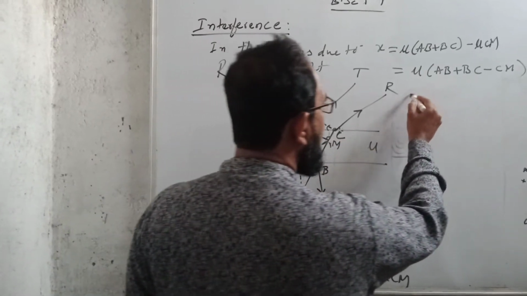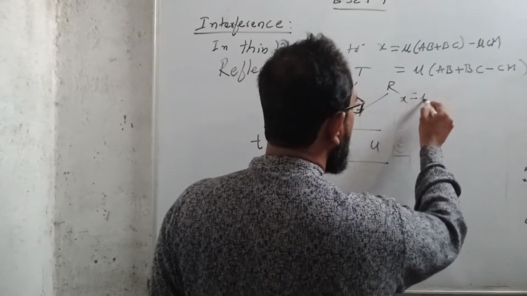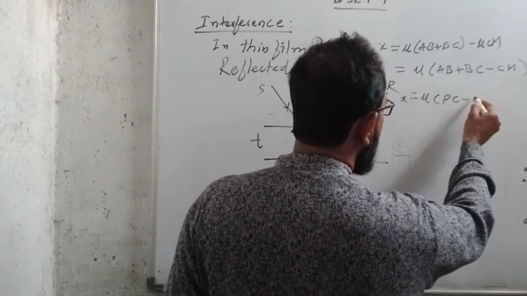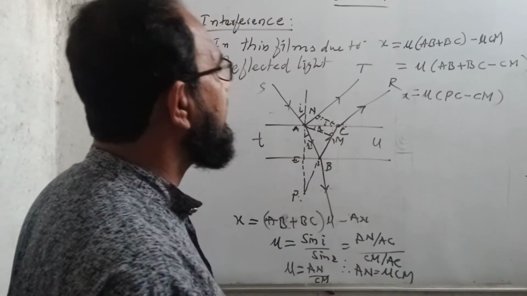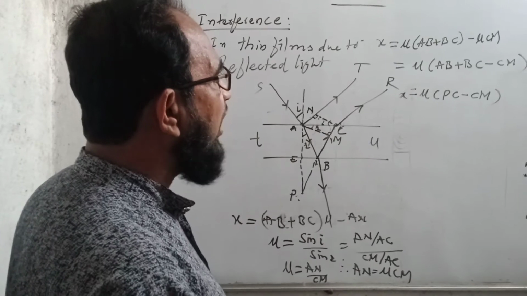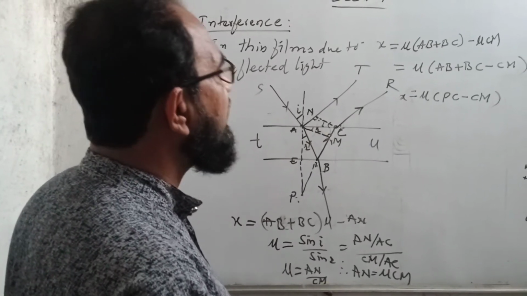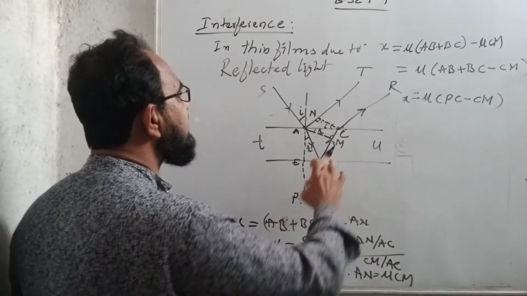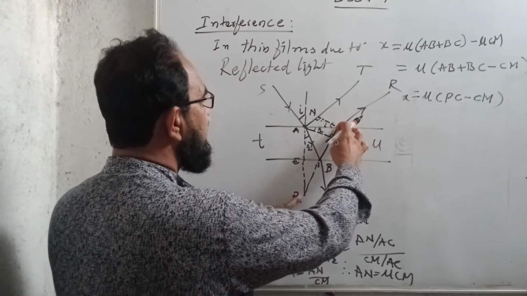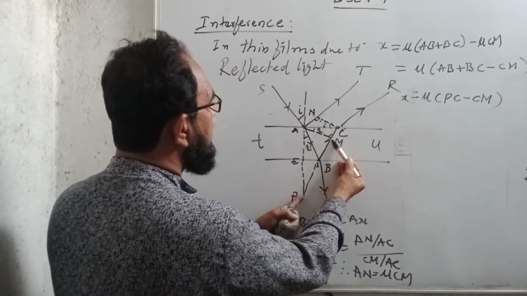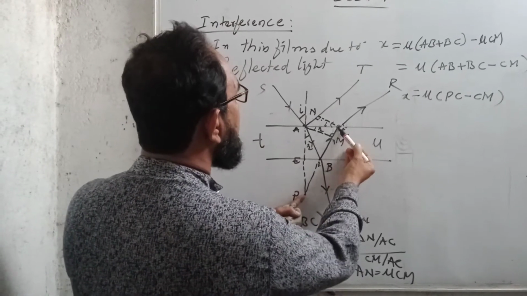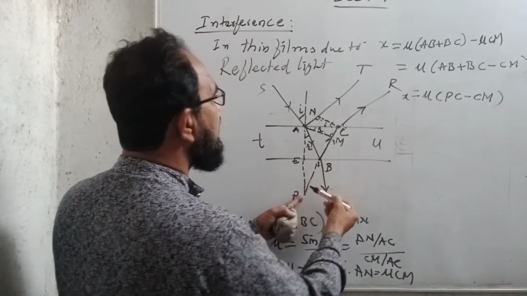So I will write here x is equal to mu into PC minus CM. Now I will find what is PC minus CM. PC minus CM, this distance will be equal to PM.